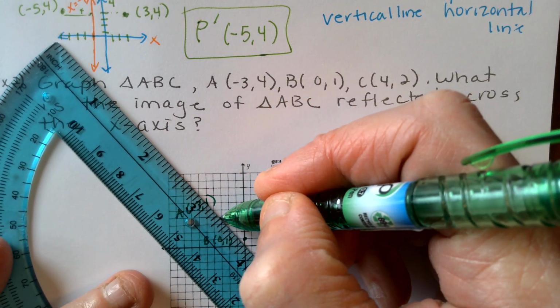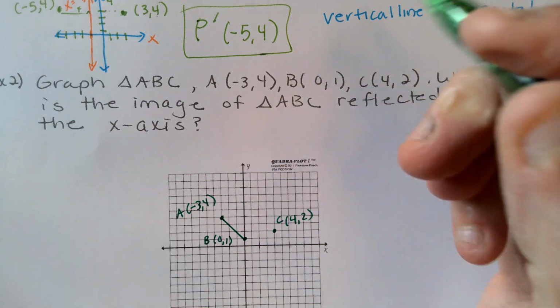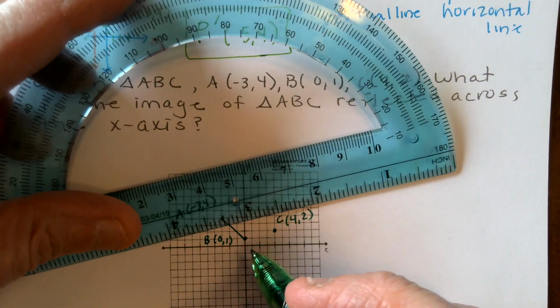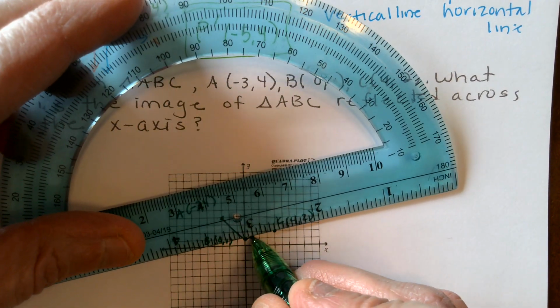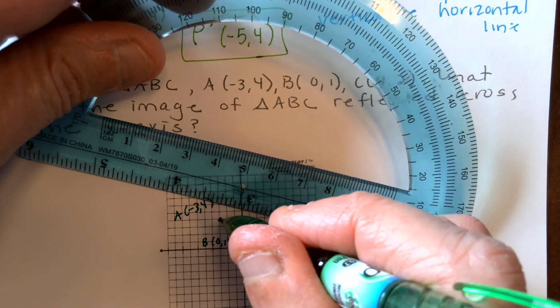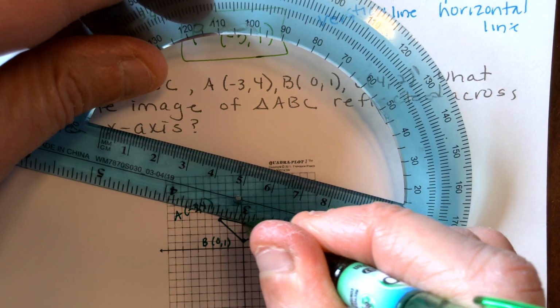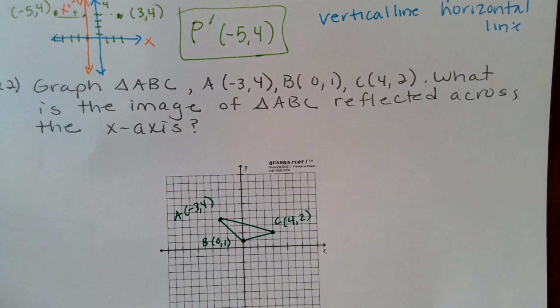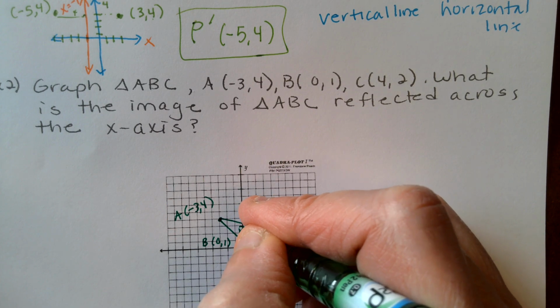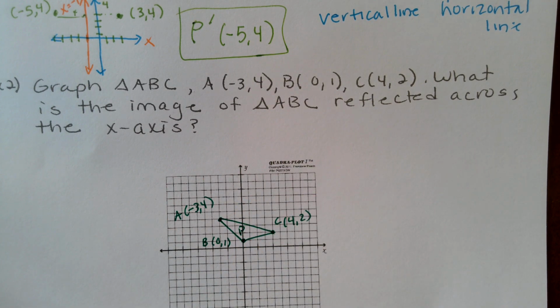Your straight edge. And what do we call that original figure? Yes, a pre-image. Good. All right, so now we're going to go on and get the image for that. So we have to reflect it. We need to know across what, and it says across the x-axis.